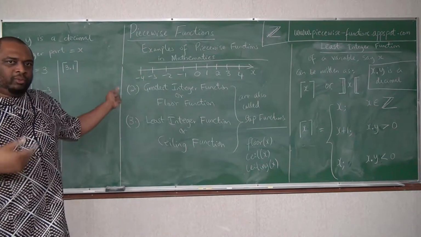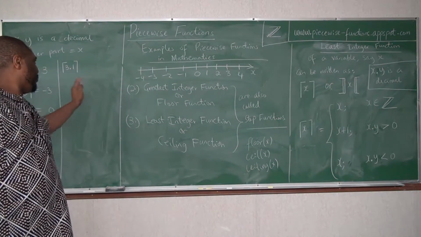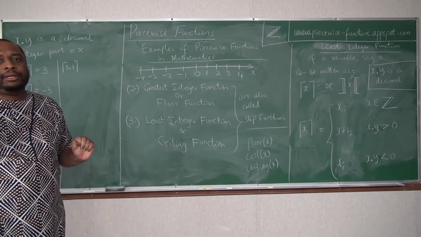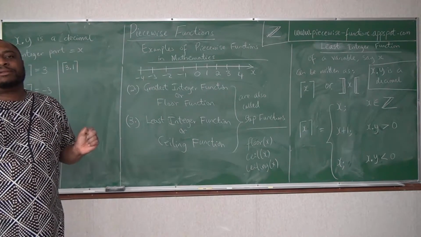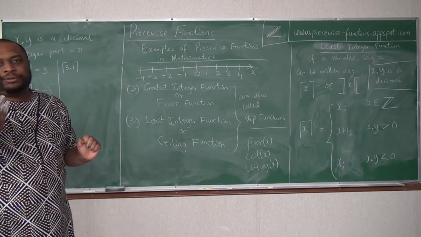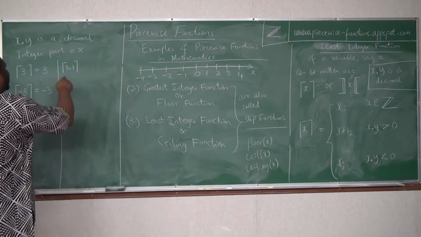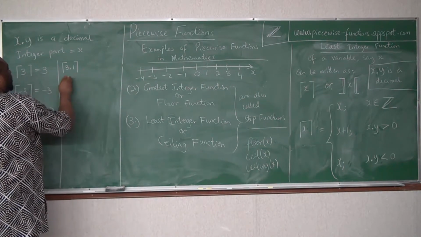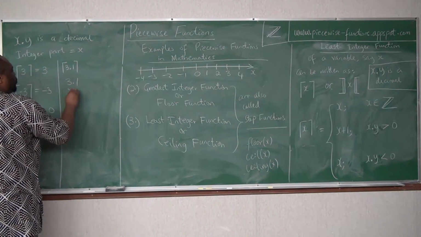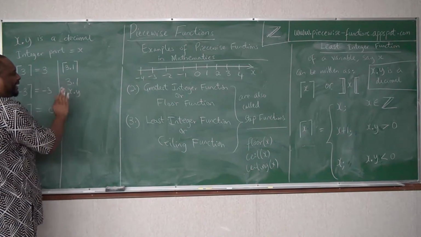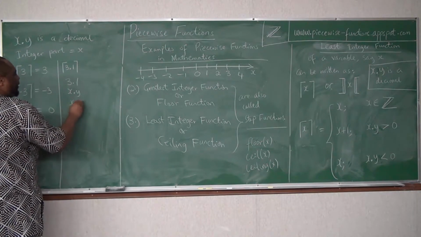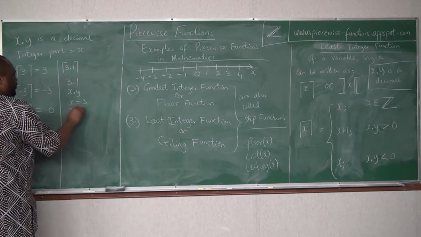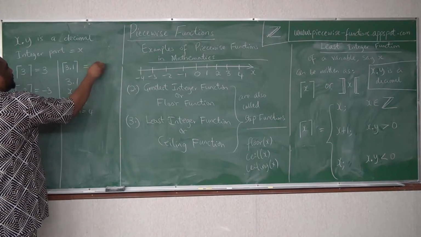So what is the least integer that is greater than 3.1? The minimum integer that is greater than 3.1 is 4. Because when you have x point y, we're concerned about the x, the integer part. So x is 3, you just do 3 plus 1, and that is 4. So this gives you 4.